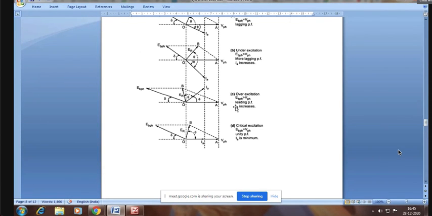Is it good or bad? Hello? Think and tell me. If any electrical system works as a leading PF system, is it good or bad?